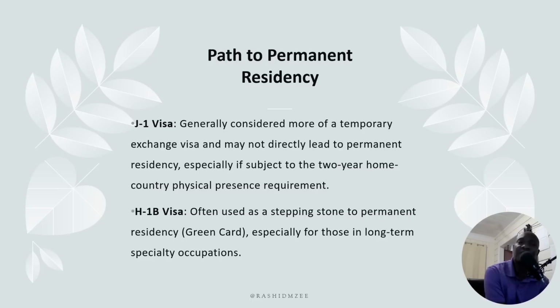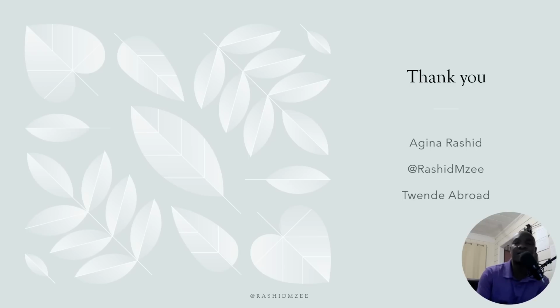Okay, if you have an occupation that usually has chronic shortages, then it is easy for your sponsoring organization to sponsor you for a green card so that you have your green card.